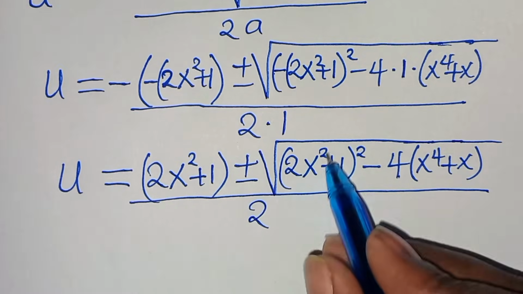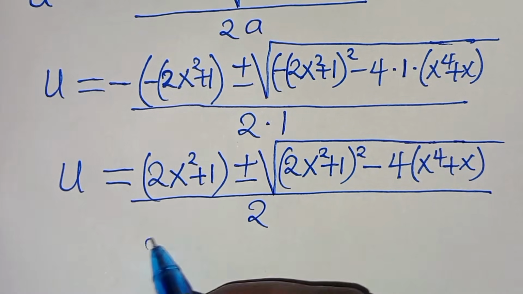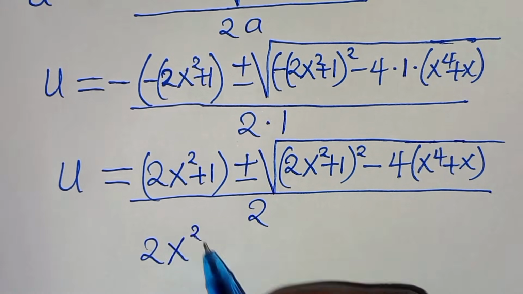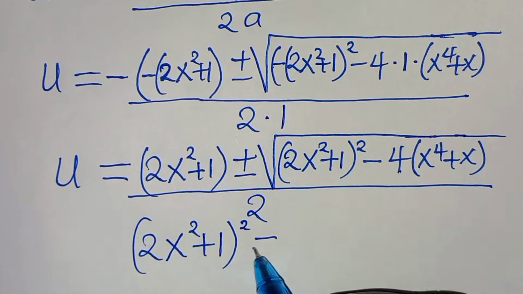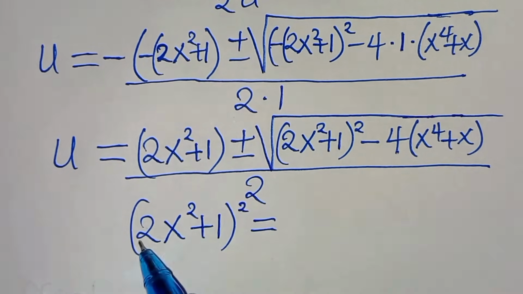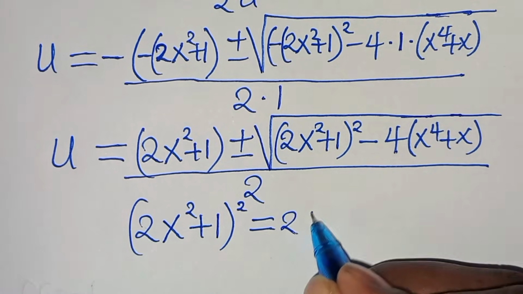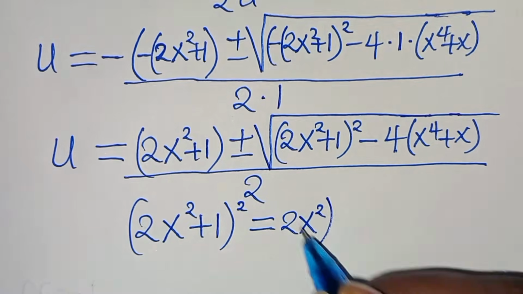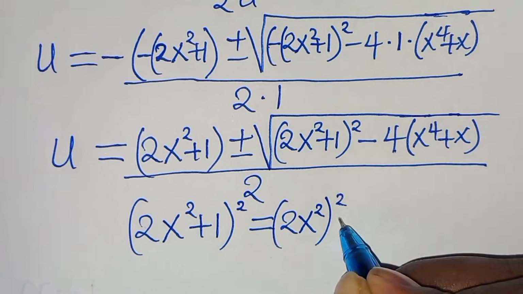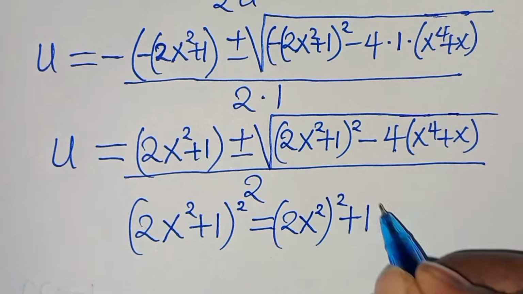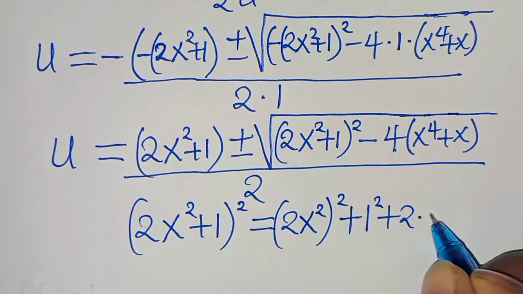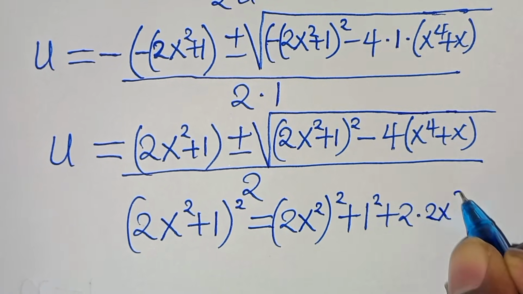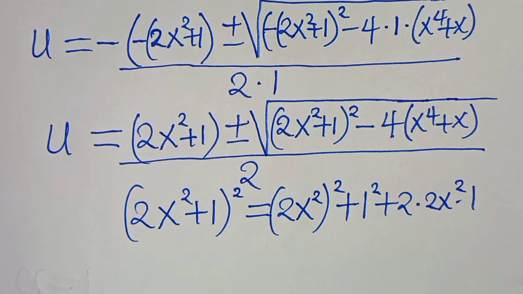Now, we have (2x squared plus 1) to the power of 2. This is the same thing as (2x squared) squared, then plus 1 squared, then plus 2 multiplied by 2x squared multiplied by 1.